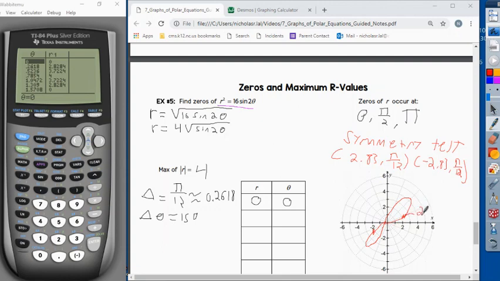We have 2.83 comma pi over 12 and negative 2.83 comma pi over 12.